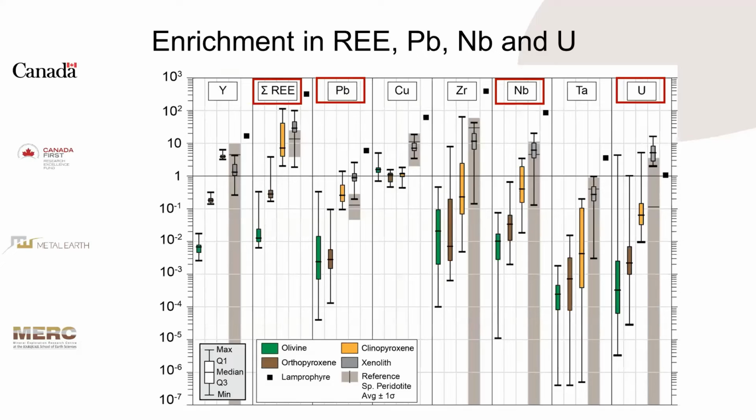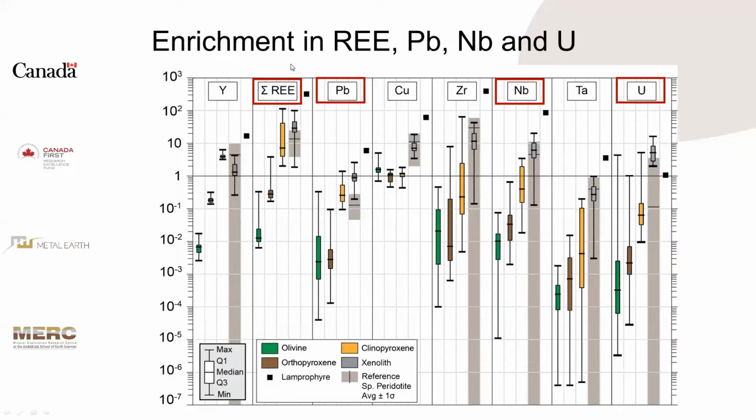We tried to see in our samples if there were any other metals that could be enriched compared to what would be expected for such samples. So we measured different metals in each mineral, for example olivine, orthopyroxene, and clinopyroxene, but also whole rock, and compared this to the reference spinel peridotite value. The gray boxes here represent the xenolith value, and the shaded area would be what would be expected.